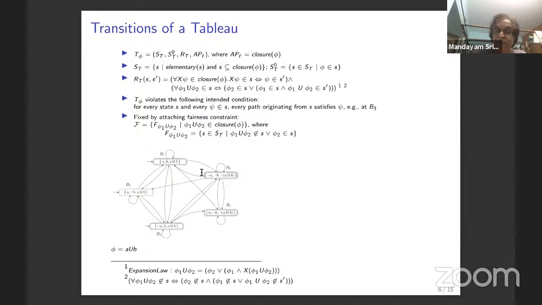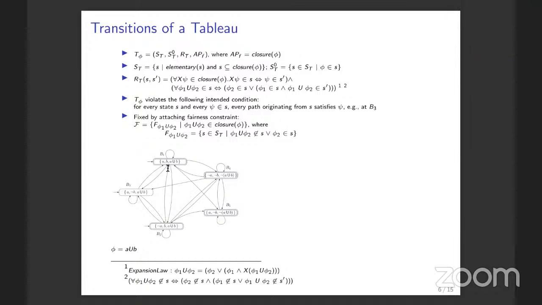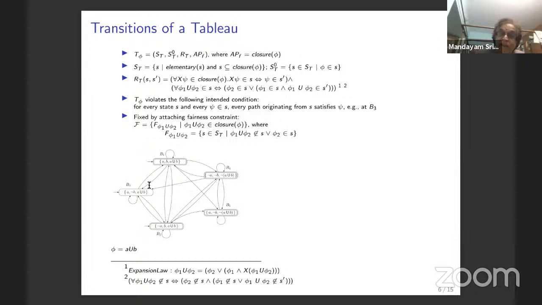That's okay. It has to cover all paths, and the way this tableau is constructed, all possible ways in which every subformula can be true have to be included.